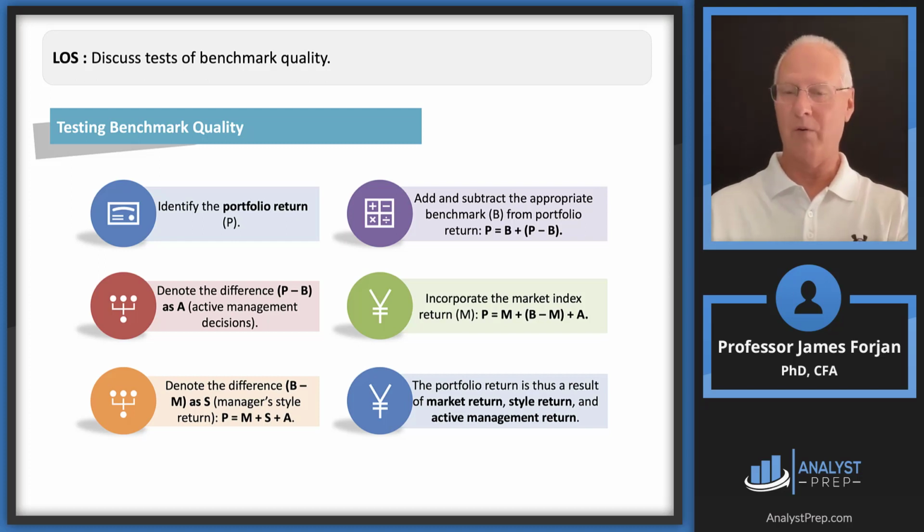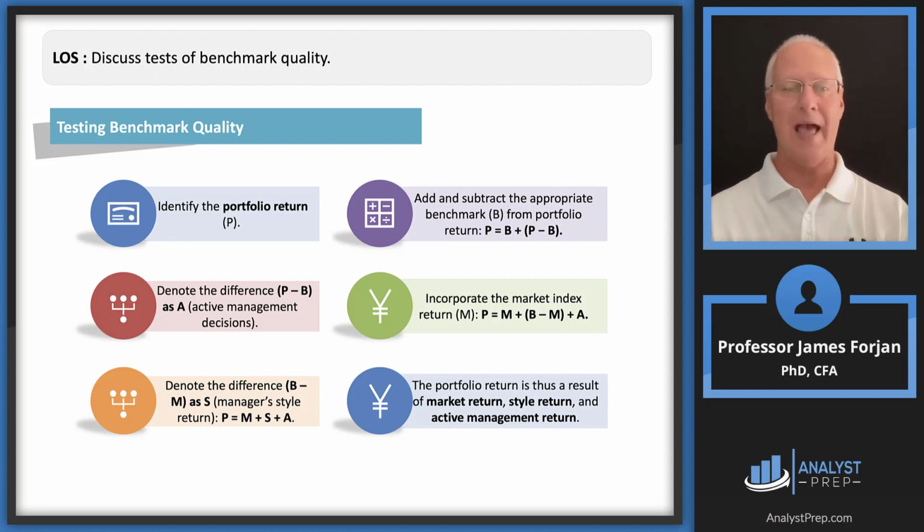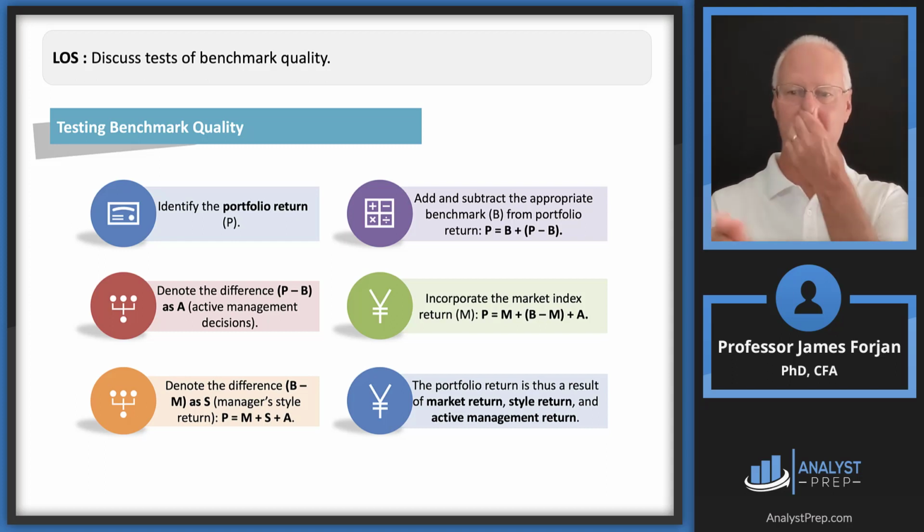But then inside of those parentheses, what is the return on the portfolio minus the return on the benchmark? Well, that's our active management. So skip down on the left middle, we're going to denote that as A. Making sense? So we're substituting the uppercase A for P minus B and saying, hey, that's our active management decisions.